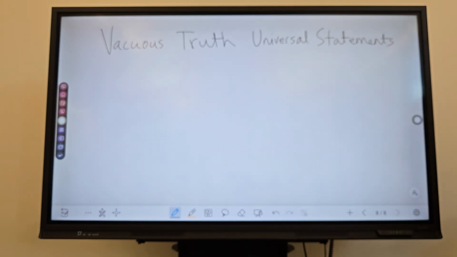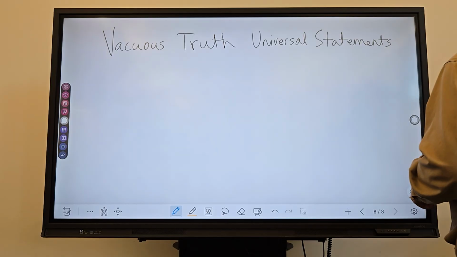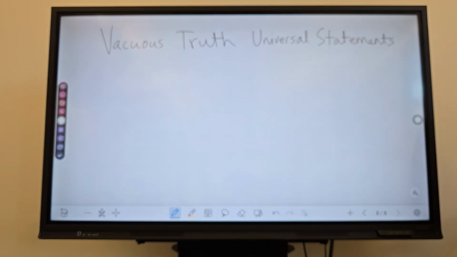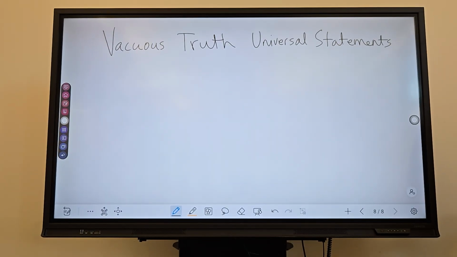So let's look at this formally. The negation of "all the balls in the bowl are blue" is "there exists a ball in the bowl that is not blue."